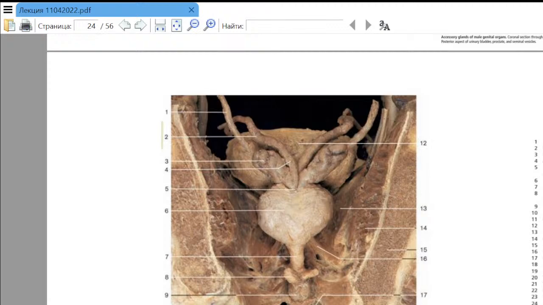This is the bulb of the penis, prostate. This is the puboprostatic ligament.